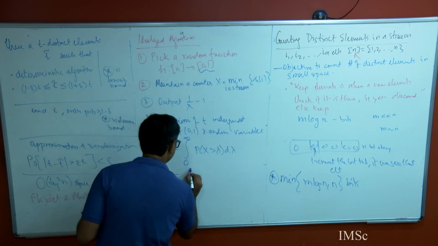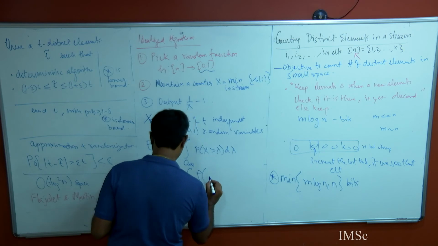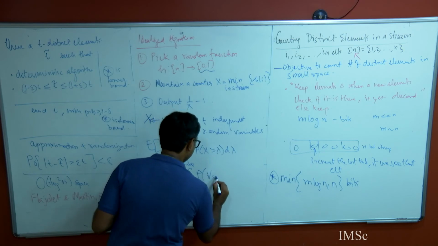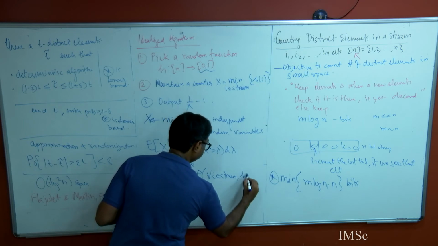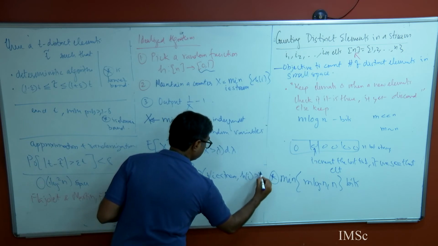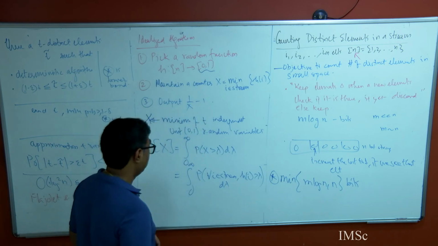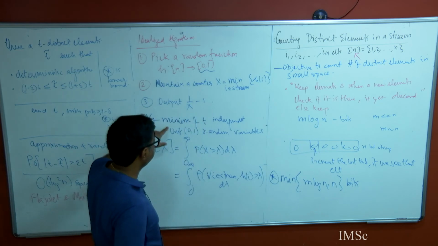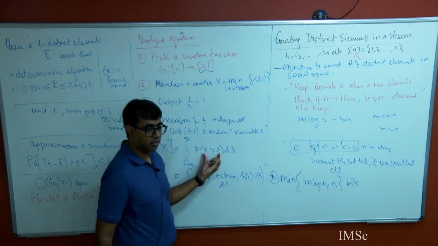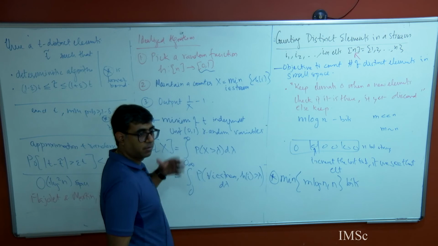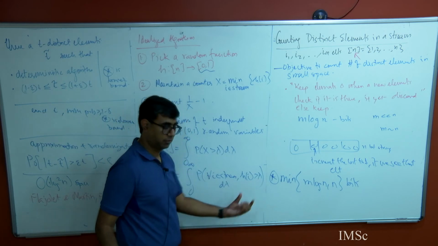This is the same as the probability, for all i in the stream, d lambda. Why? Because x is the minimum of all these, so the probability that x is greater than lambda is the probability that for all i in the stream, h_i has to be greater than or equal to lambda.